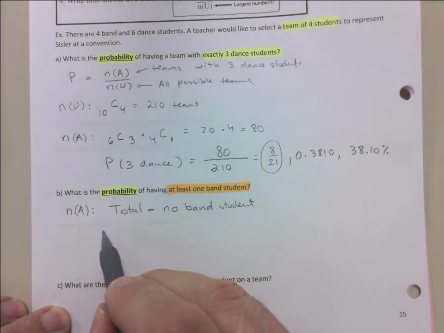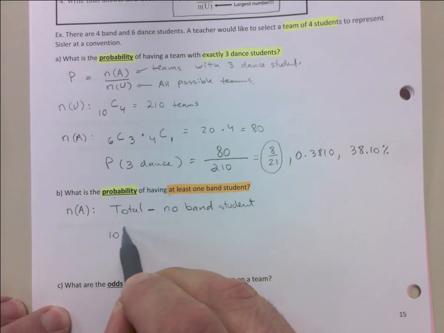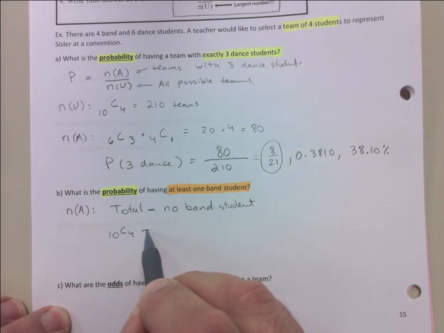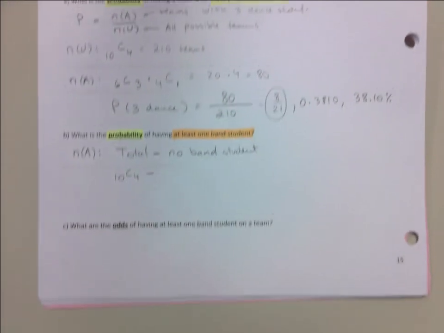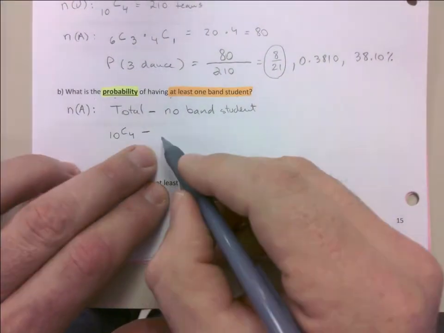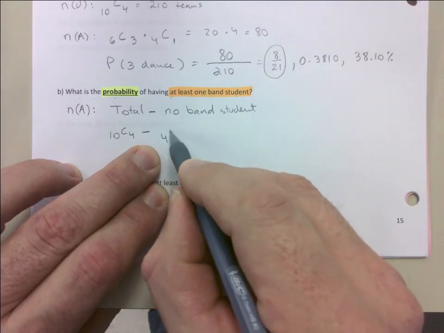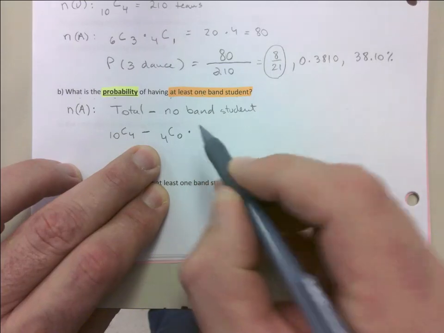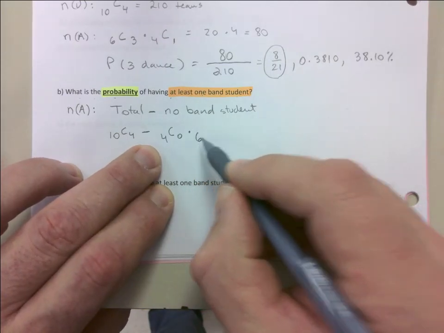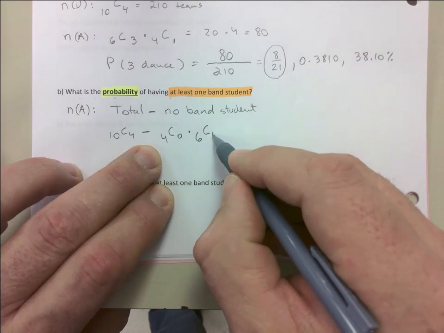Okay? So total is 10 choose 4 minus no band students. So I gotta split them up. From the 4 band students, I'm going to choose none. And from the 6 dance students, I'm going to choose all 4.